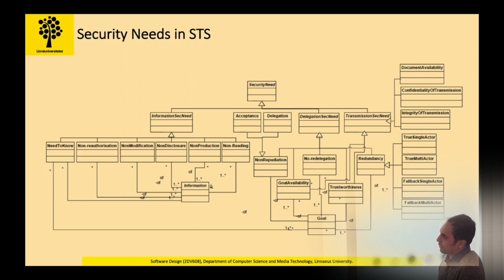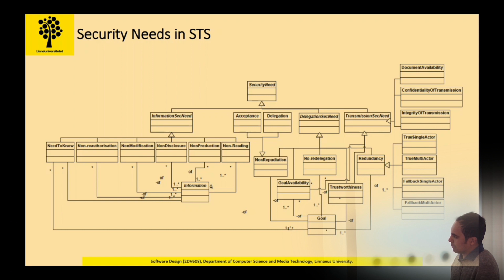But overall, these security needs are about the information. They are also about the goal here, and then they are also about the document. So document availability, document integrity, and so on. You might not need all of them, but it depends on the context, what type of security needs you want.